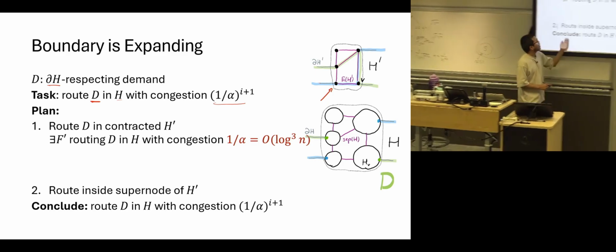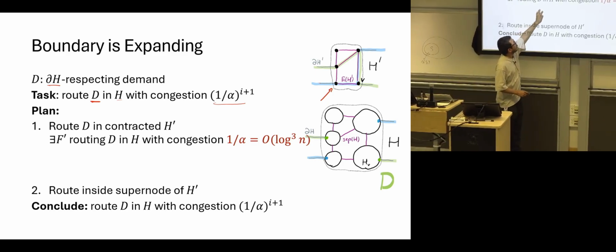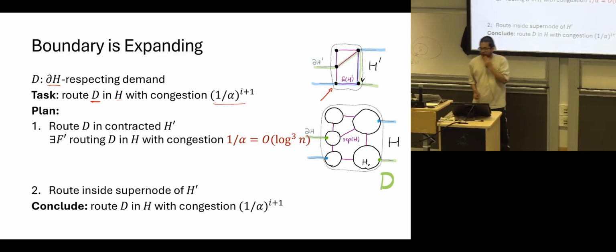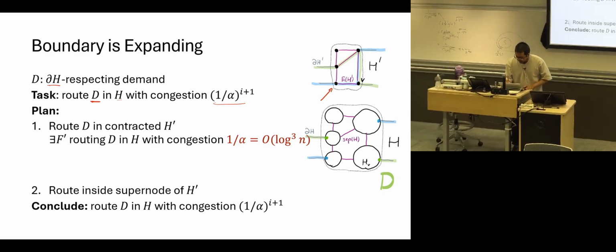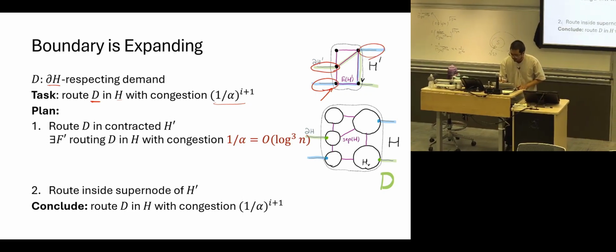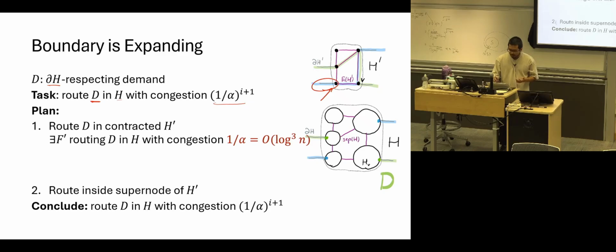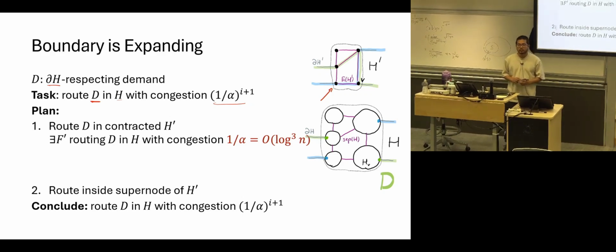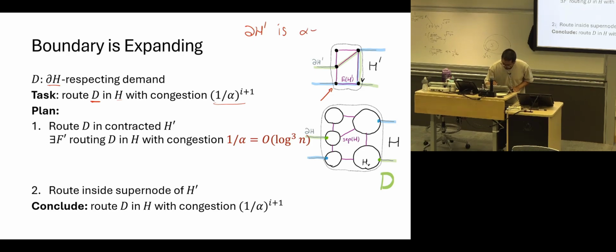Any idea? Why do you think this demand that respects the boundary of H, which is the same thing as respecting the boundary of H prime, can be routed with low congestion? We know that the boundary of H prime is alpha expanding in H prime, the same premise.